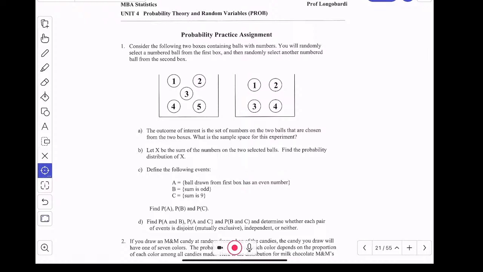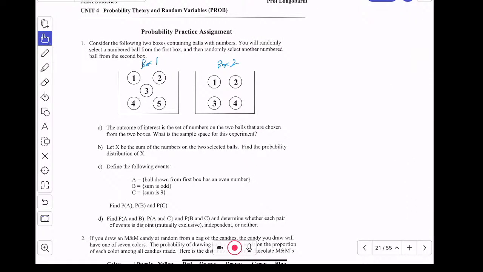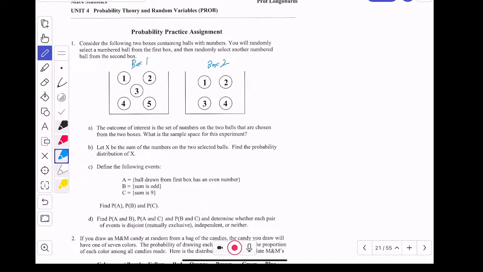So what I'll do is use the matrix, and I'll call this box 1 and this box 2, and put the possible outcomes of box 1 and the possible outcomes of box 2 here.